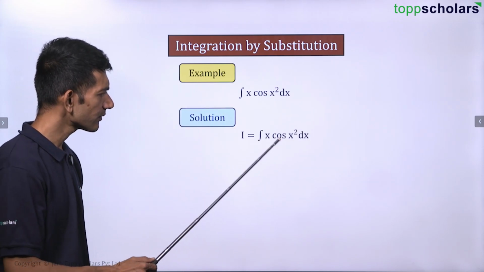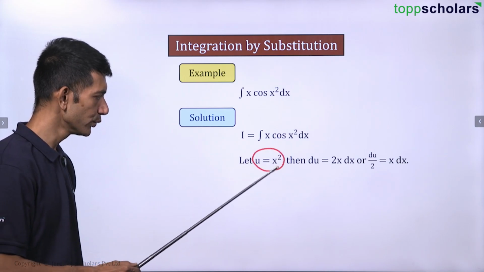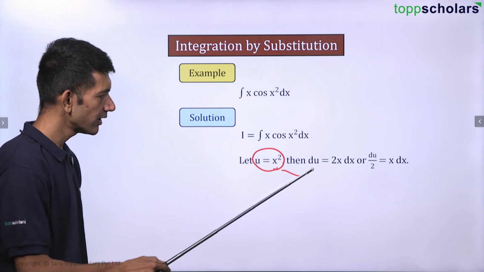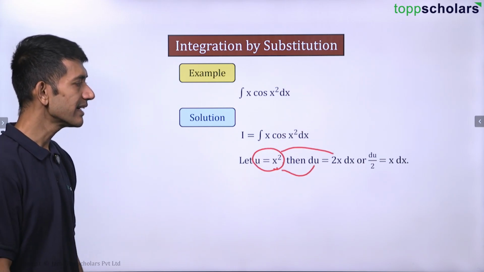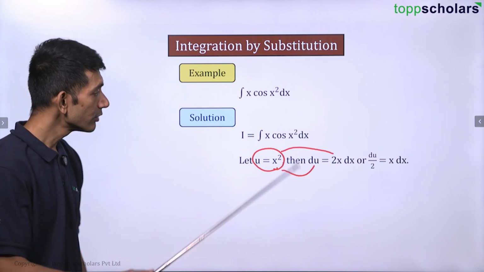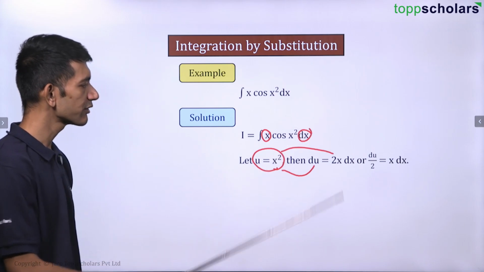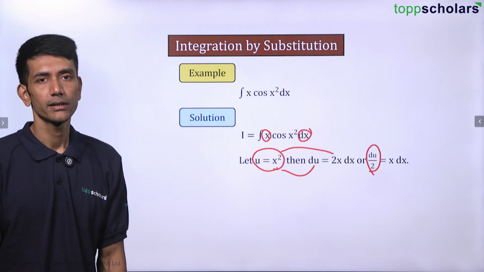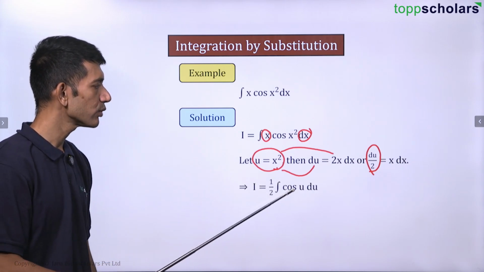So x square is equal to u. See, x square is u. So differentiating both sides with respect to x, du becomes 2x dx, right? So x dx becomes du by 2. Clear? Let us solve. So this becomes 1 by 2 cos u du.